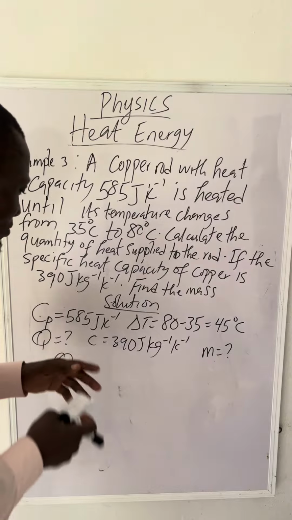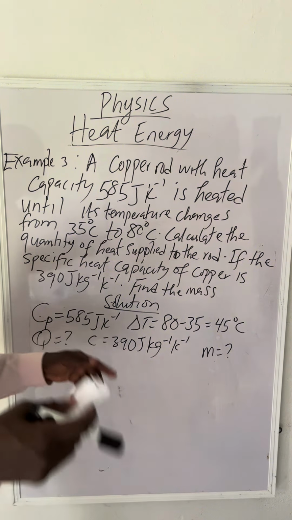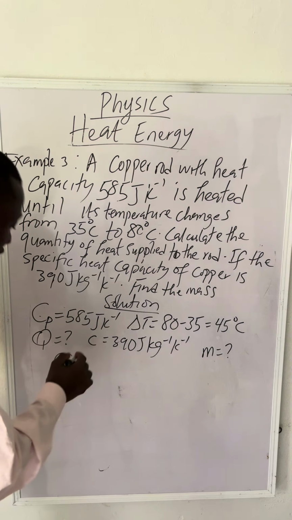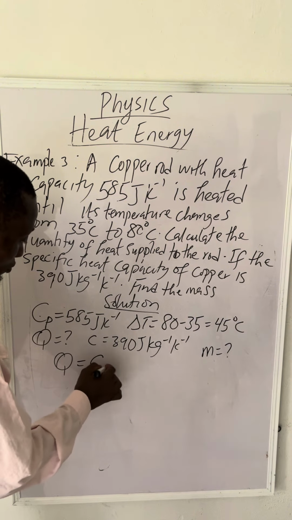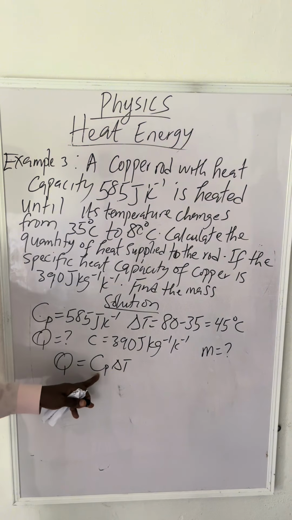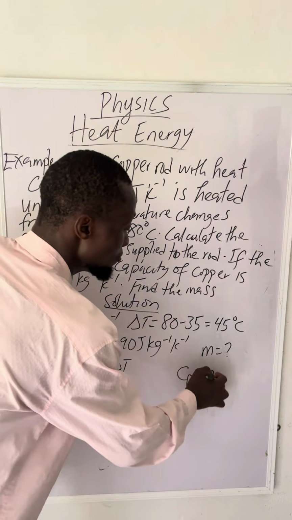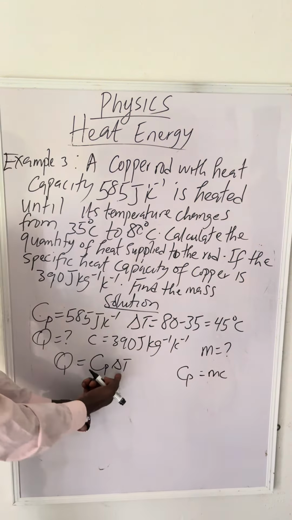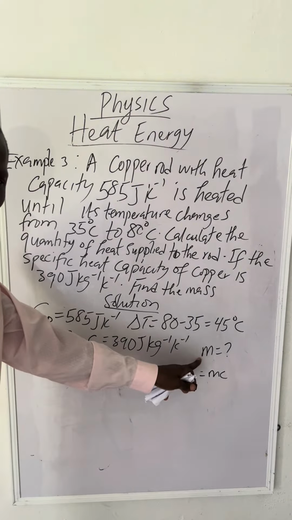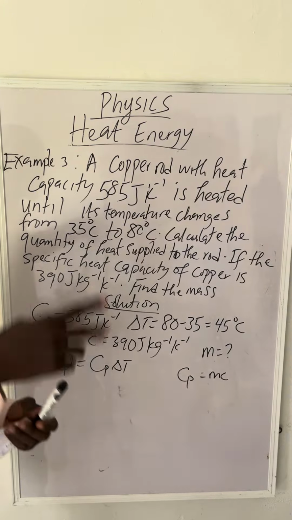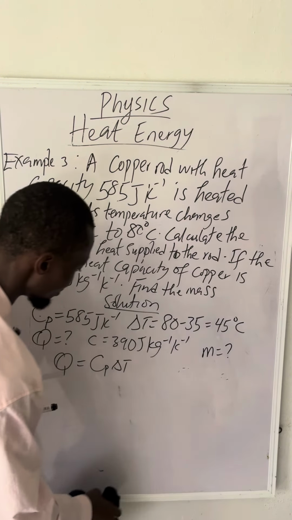Now, here I was given the thermal capacity and I know the temperature rise, so I can use that instead of MC delta T. So Q is equal to CP delta T. This is because CP is the thermal capacity or heat capacity, and it is MC, the same thing as MC delta T. Since I was given CP, I don't need to put MC again, and I don't even know M. I can't be looking for two things at the same time. So I'm going to use this.